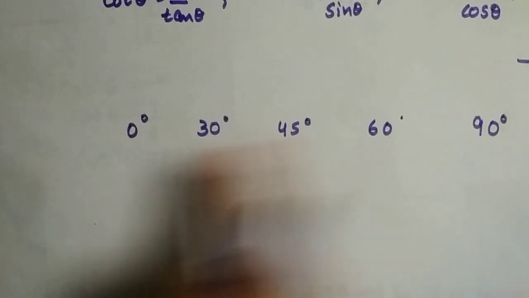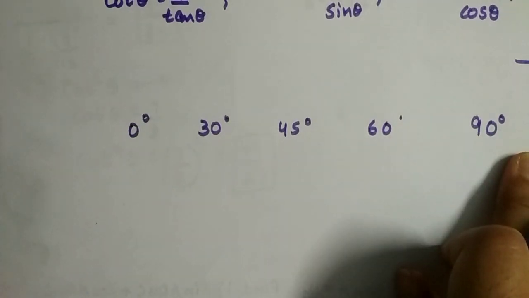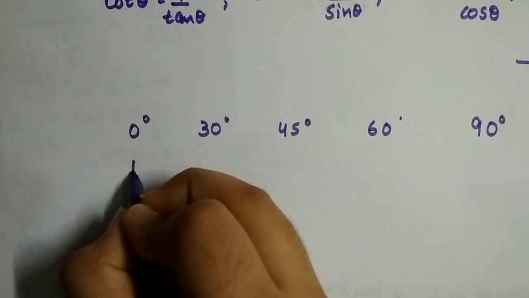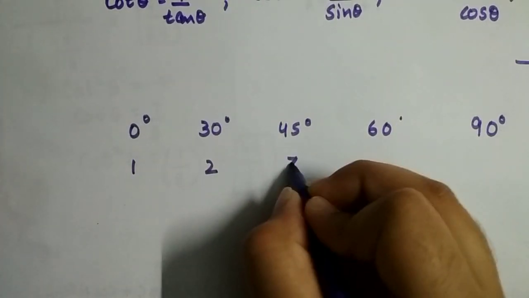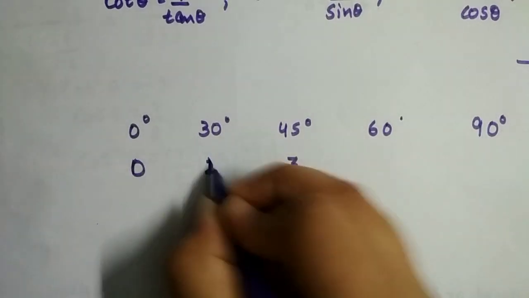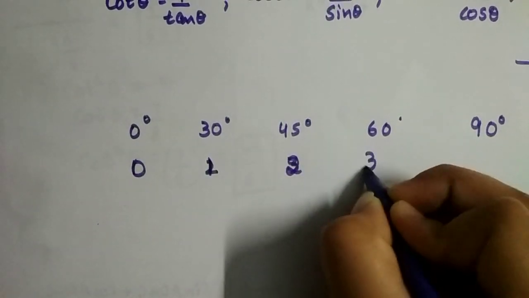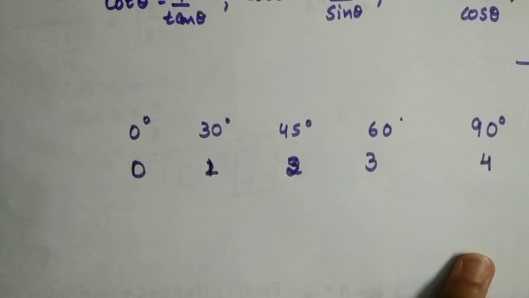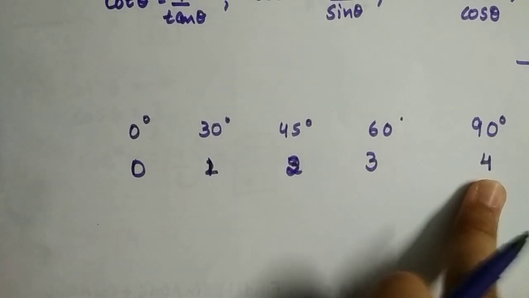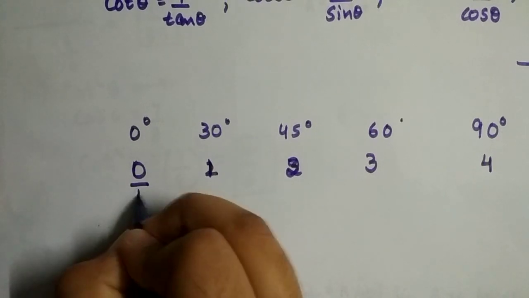To make the table, first write these 5 angles, then write 0, 1, 2, 3, 4. Start from 0, it will go till 4. Now you divide each number by 4.